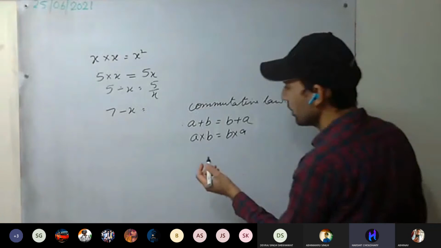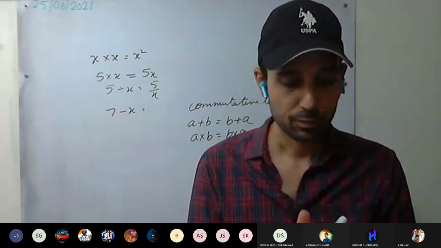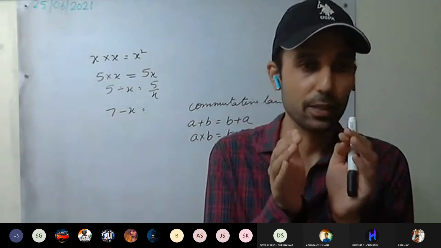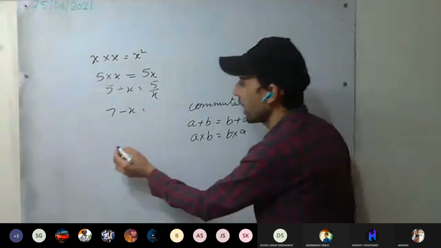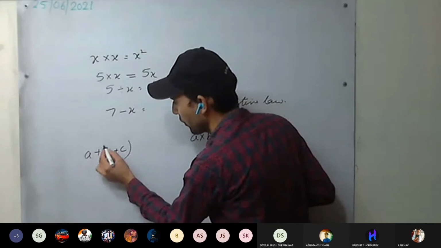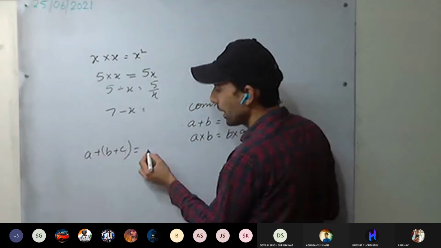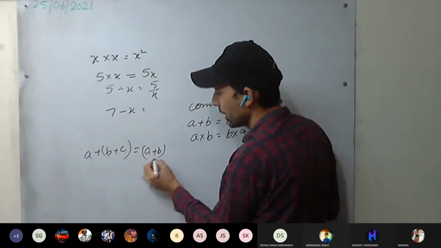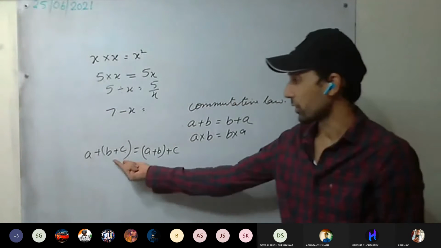Or the associative law. Like in class, two friends associate together and form a group. Then a third comes and it forms one more group. For example, we have A, B, C. If I add B plus C first, then A, it is the same answer as if I add A plus B first, then C. It doesn't matter whom you add first.